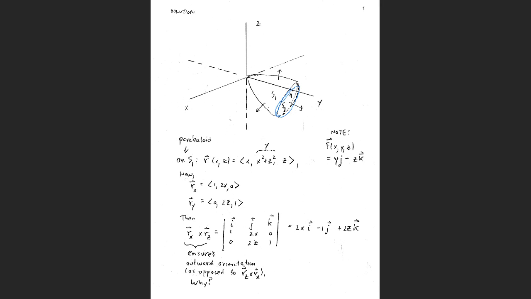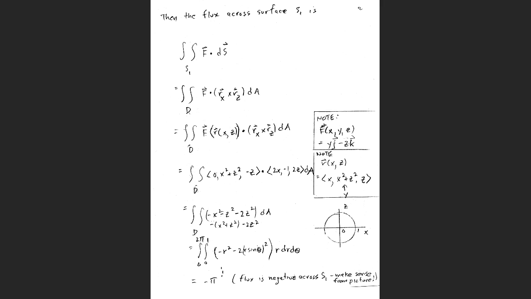It's to the right. That's right. And positive j points to the right. So you just have to be very careful when you do that cross product, to make sure that the cross product is going the right direction for you. And if it isn't, just take the negative of it.